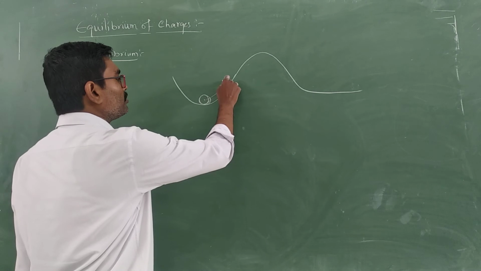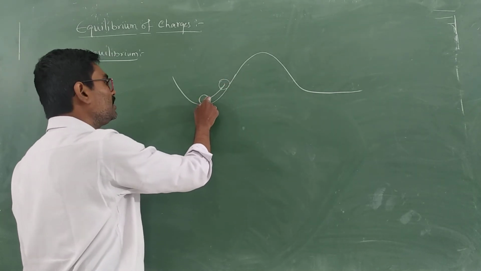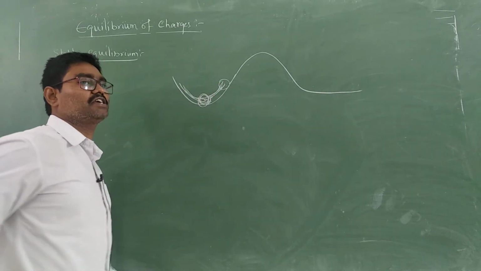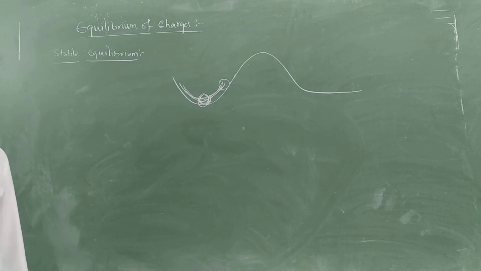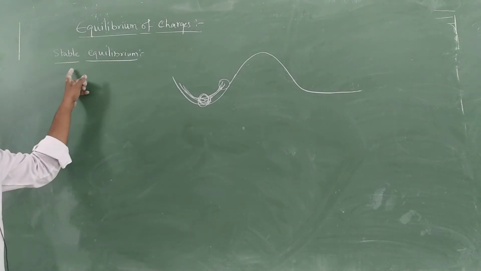It will go to this position, but it will not be stable there, so it will come back to its original position, again go and come back, oscillate, and finally come to its equilibrium position. So such a type of equilibrium is called stable equilibrium.